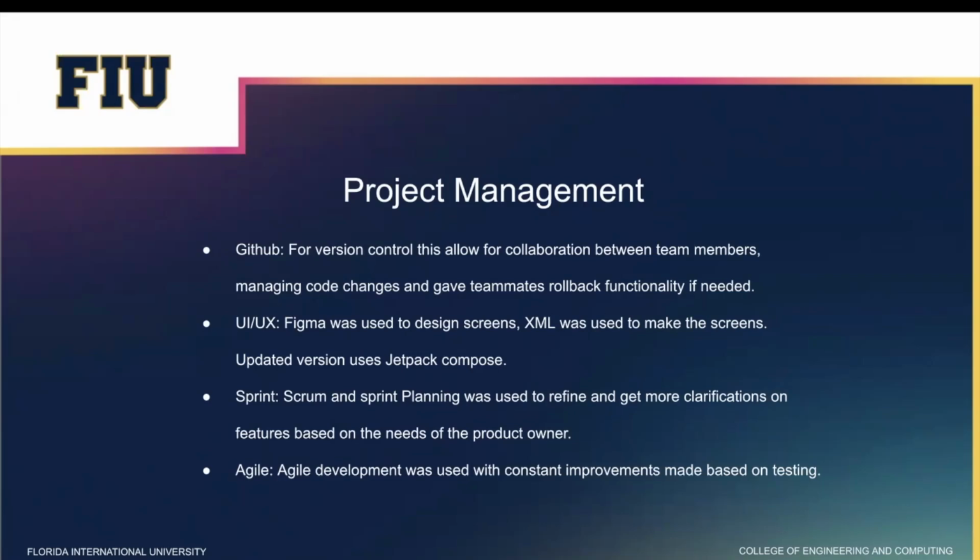For the UX and UI, before we stepped into this project, the screens were designed with Android XML and Figma. We updated the version to use Jetpack Compose, which would better help us with the solution that the users needed.